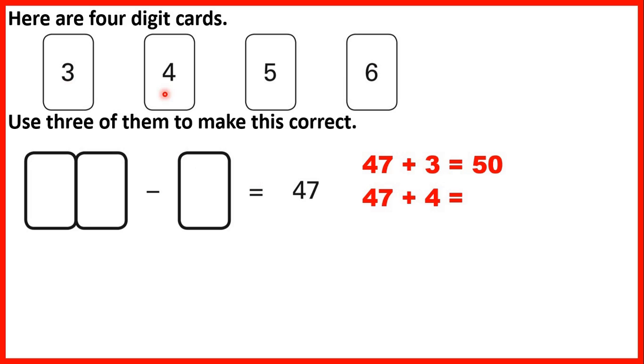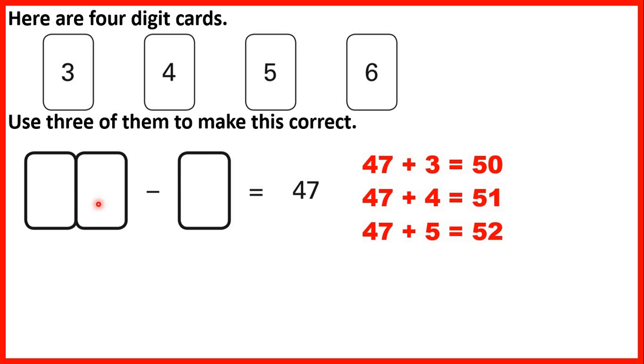So let's try the 4. 47 plus 4 is 51, but we can't make 51 because we don't have a 1. If we try the 5, 47 plus 5 is 52, but this number can't be 52 because we don't have a 2.